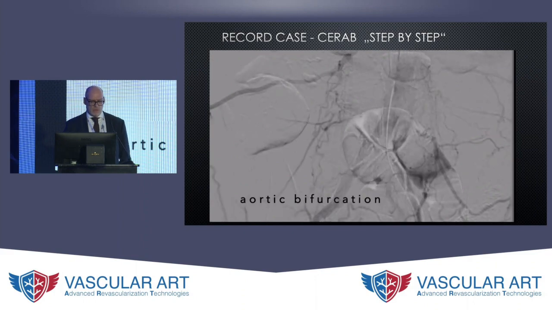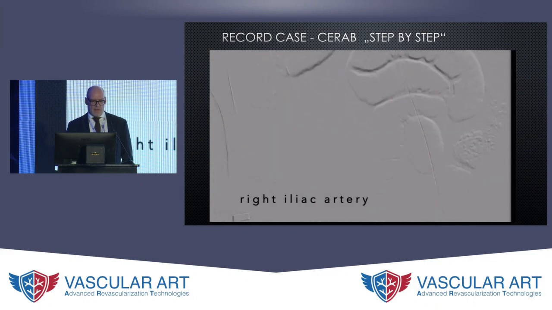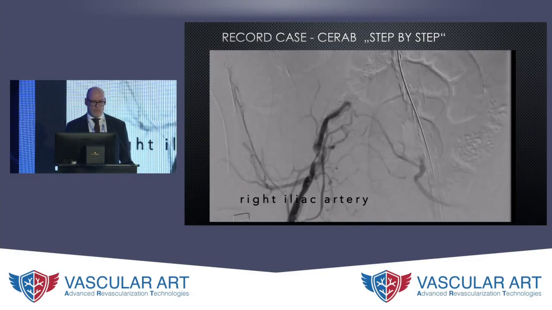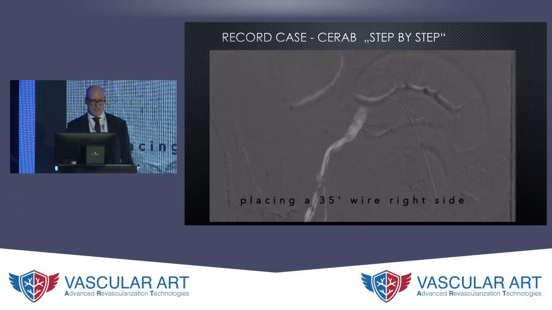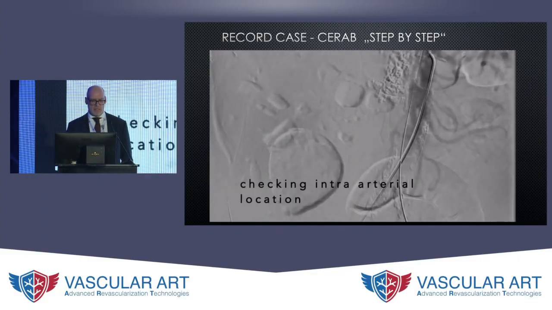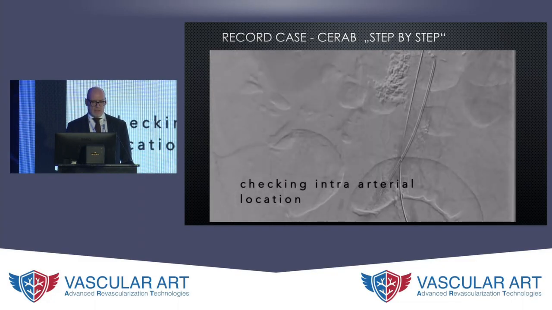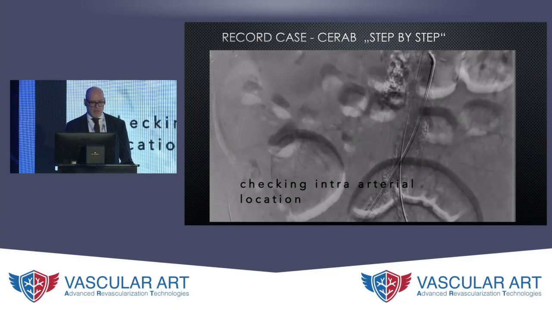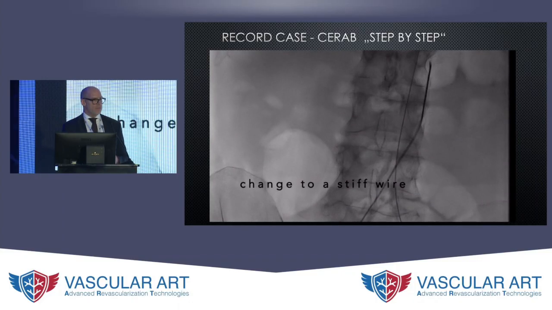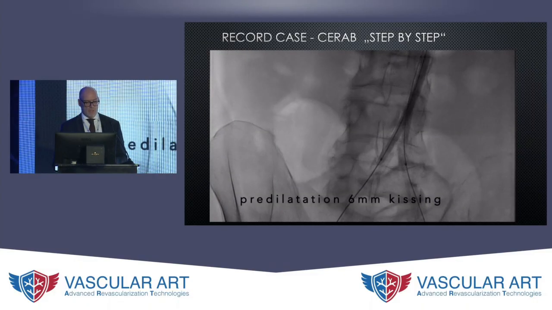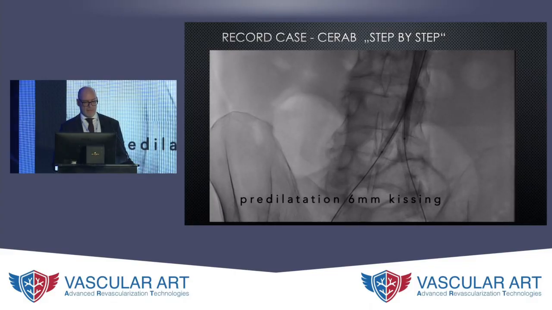You see the occlusion on both sides, and it was possible to go through the chronic total occlusion from both sides and place a stiff wire and make a pre-dilatation with 6 millimeters on both sides. Check the intraluminal area, change to a stiff wire for more stiffness and opportunity to go with the stent.